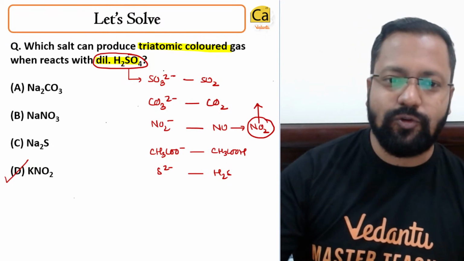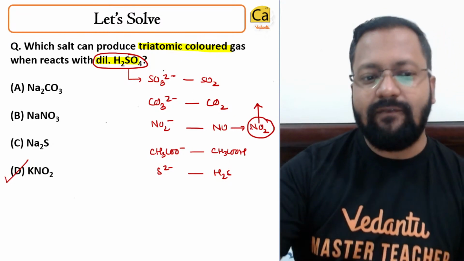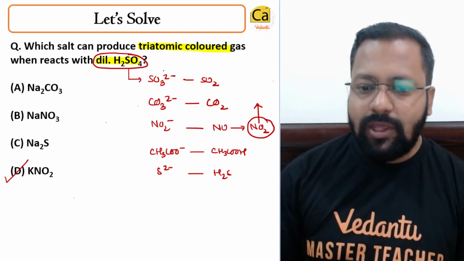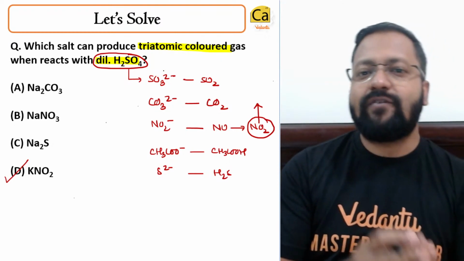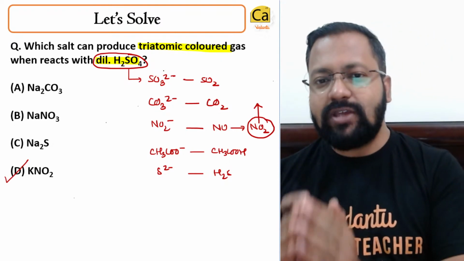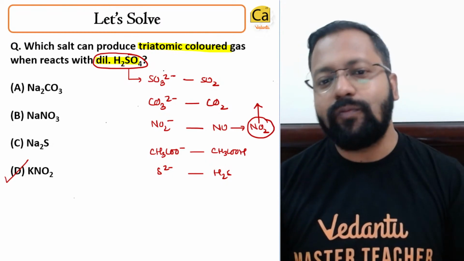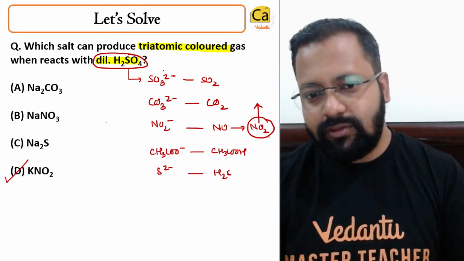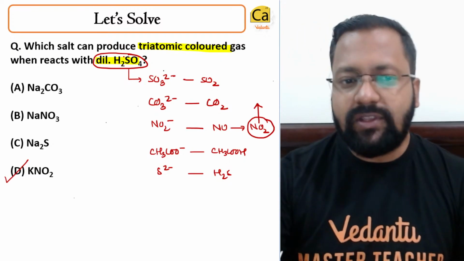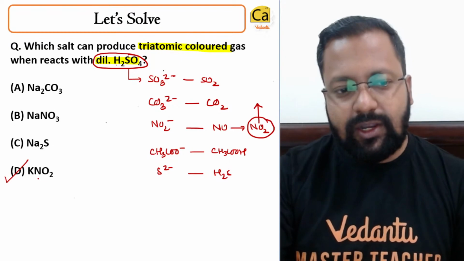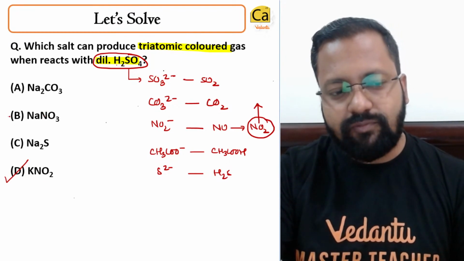KNO2 will be our answer. Is that understood? Why would it be KNO2? Because nitrites give rise to NO, which undergoes aerial oxidation to give brown colored gas NO2. So triatomic, 3 atoms are present with dilute H2SO4. So we need to exclude this first and foremost.